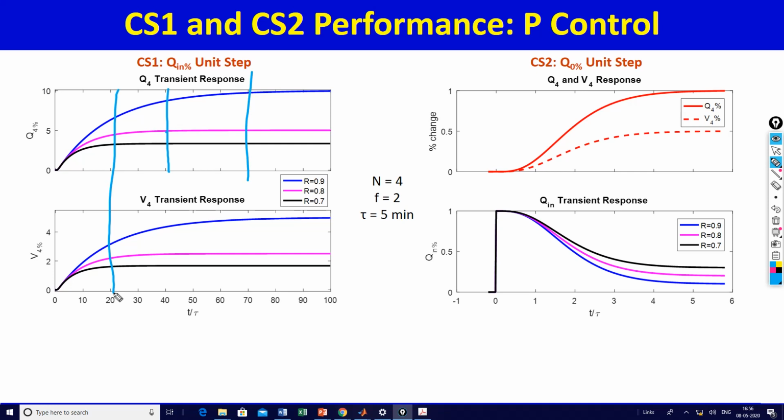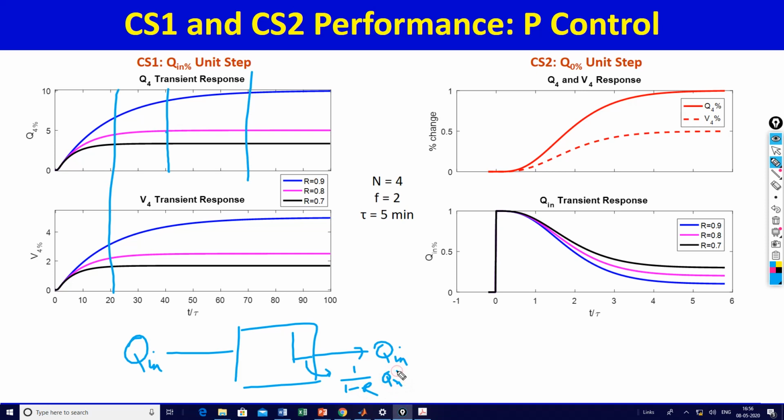That's because you make a change in Qin. By the way, this is Qin. So Qout will be Qin at final steady state, and the recycle flow will be 1 over 1 minus R times Qin. So when R is large, you see Q4 is going from 0 to 10 when R is 0.9. 10 is 1 divided by 1 minus 0.9.